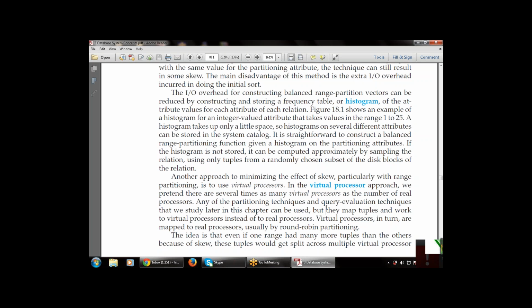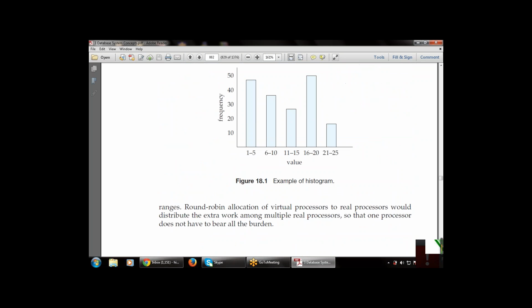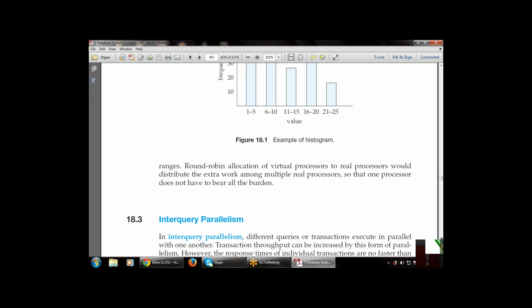Even if one range has many more tuples than the other because of skew, these tuples get split into multiple virtual processors, which are then assigned to the different real processors.